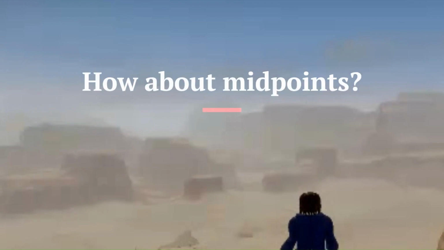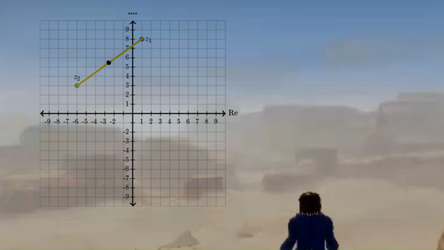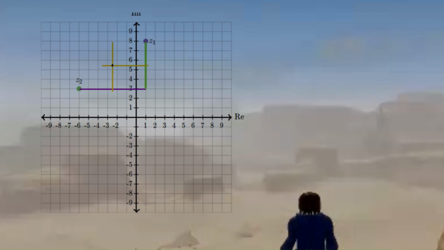Now, how about midpoints? The midpoint is the point at the center of the distance. To calculate the midpoint, we find the center of the base length and the center of the height, and then locate their point of intersection.